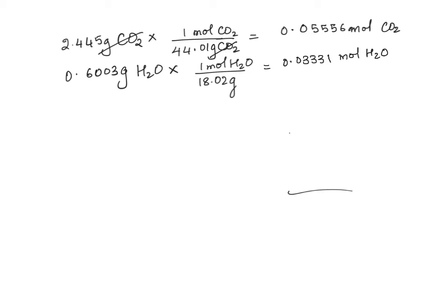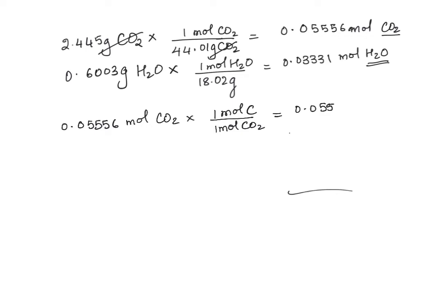Now we're not interested in moles of carbon dioxide or moles of water. We're interested in moles of carbon and moles of hydrogen because our compound contains carbon and hydrogen. So you take it one step further. 0.05556 moles of carbon dioxide, how many moles of carbon is it? 1 mole of carbon dioxide contains 1 mole of carbon, so this will be 0.05556 moles of carbon.